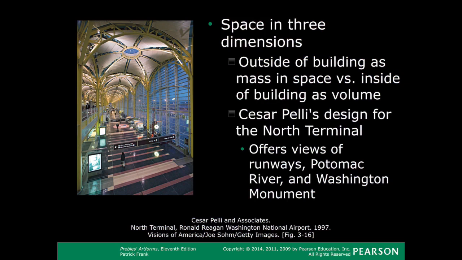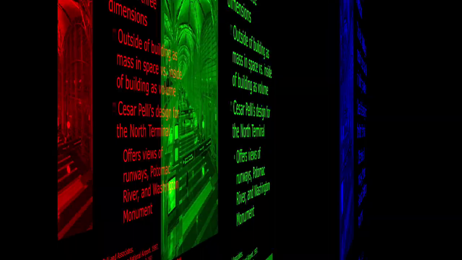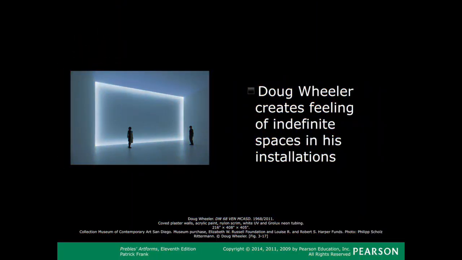So aside from the interior, the airport was created near the Potomac River and also the Washington Monument. So not only are they thinking about space within the architecture, but also outside. So when it comes to design and these buildings, they have so many things that they think about and they plan just to, in a way, elevate our experience.